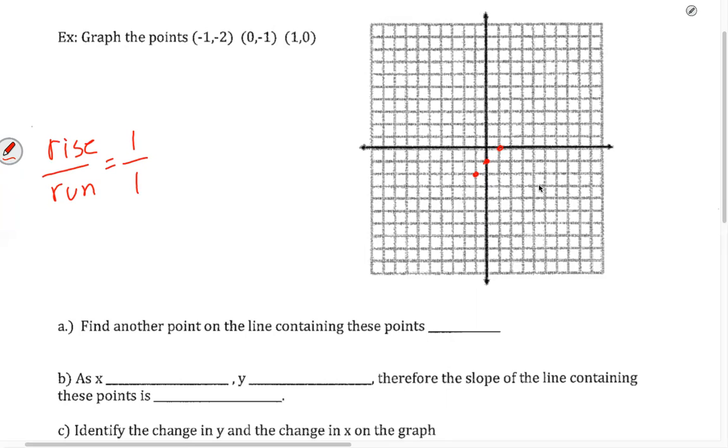Since it's positive, it's increasing. So as x increases, or goes up, y goes up or increases. Therefore, my slope containing these points is positive.